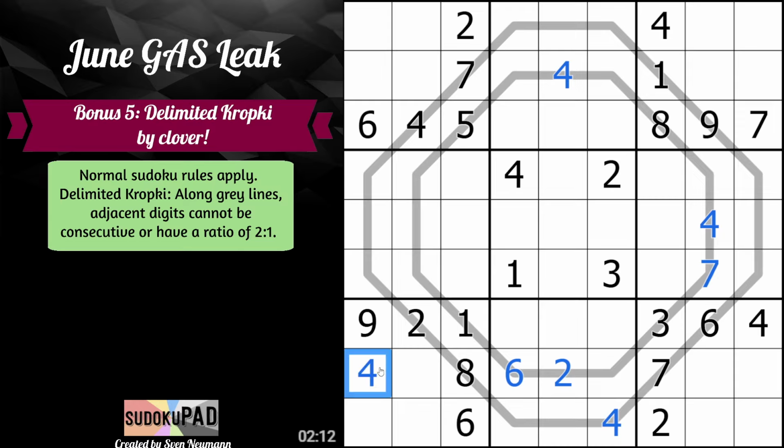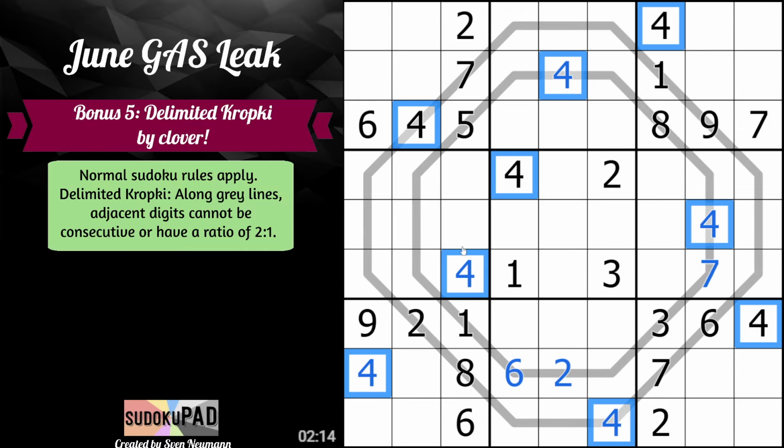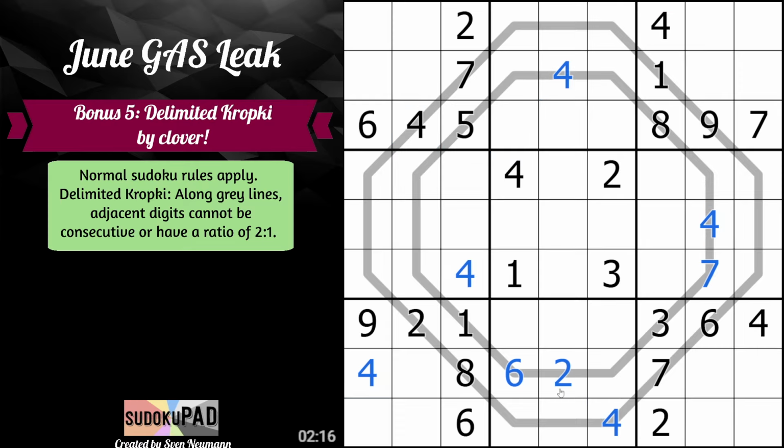I'm probably going to stop saying that because I think you can trust that if I say it's not going to go there, you can probably see why. 1 will go here.